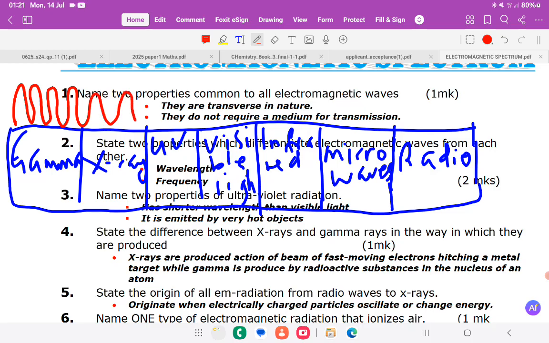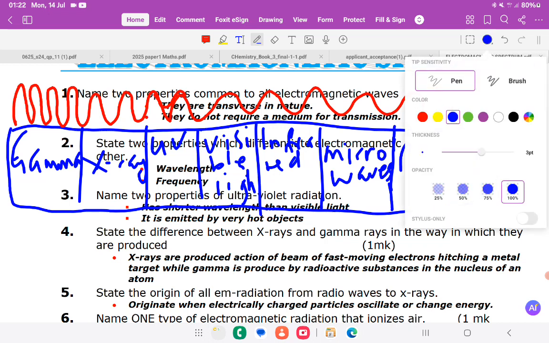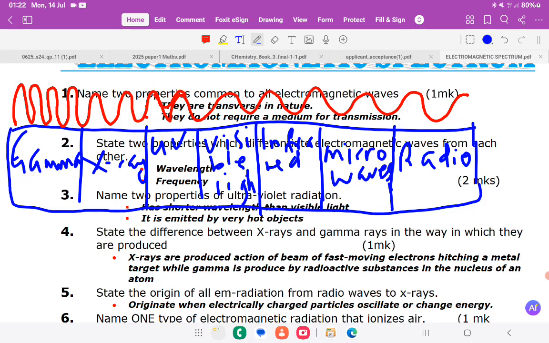As you move from X-rays to UV, the wavelength tends to increase. Remember that wavelength is simply the distance between successive crests. This distance keeps increasing as you move from gamma to X-rays and onward.